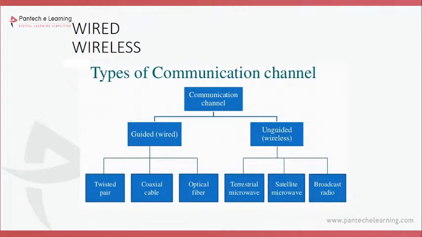Under wired communication, we have some types: twisted pair, coaxial cable, and optical fiber. Wireless communication is also called unguided communication. It also has some types: terrestrial microwave, satellite microwave, and broadcast radio.